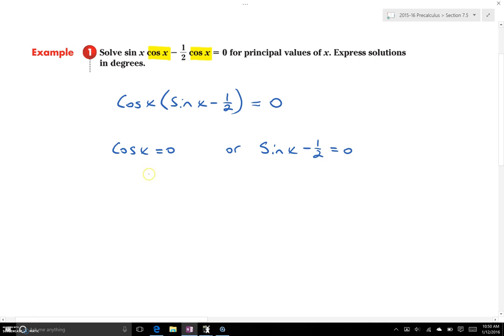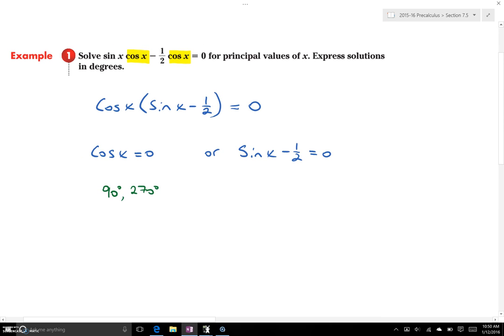Just from basic knowledge of the unit circle, we know that cosine x is 0 at pi over 2, or they ask for degrees, so we'll put it in degrees. Cosine x is 0 at 90 degrees, and also 270 degrees. Now, sine x minus 1/2 equals 0, we could rewrite as sine x equals 1/2.